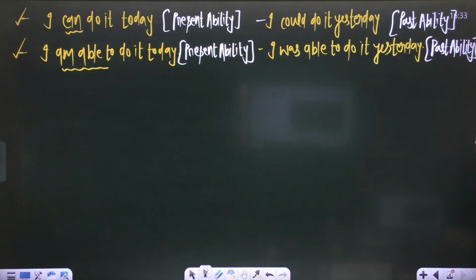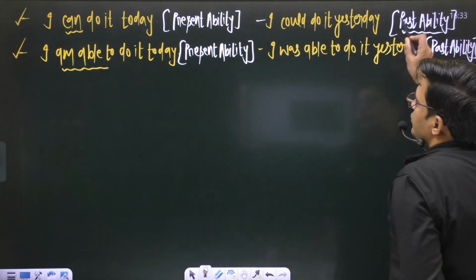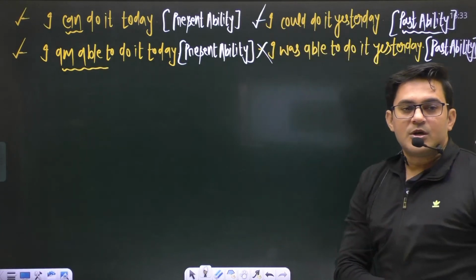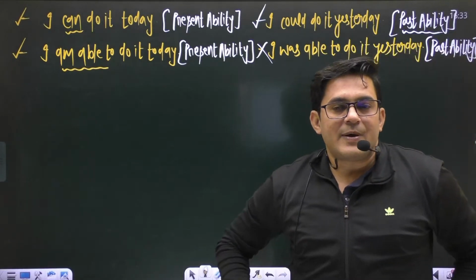Make sure that whenever you talk about past ability, to show past ability we use could, not be able to. Both the sentences are okay. Okay, this is not right to say.